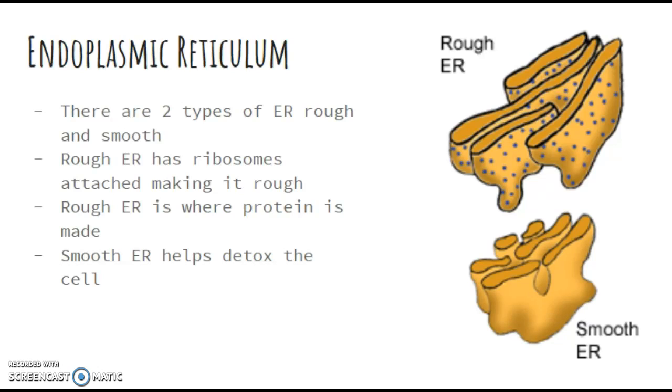We call this the smooth ER, and it helps to keep the detox in the cell, and it also makes lipids, which are fats. So those are our endoplasmic reticulum. We often just call them ER. So rough ER and smooth ER. Rough ER makes proteins, and smooth ER makes lipids and detoxes the cell.